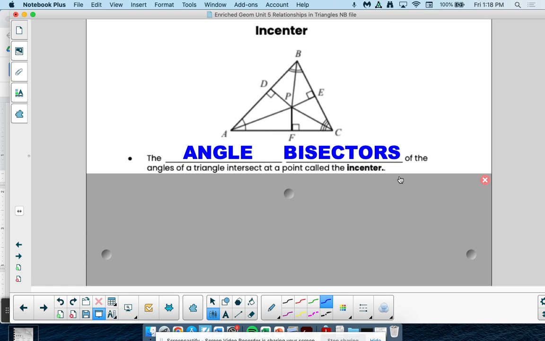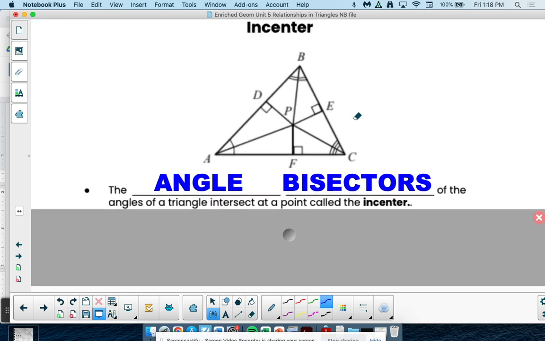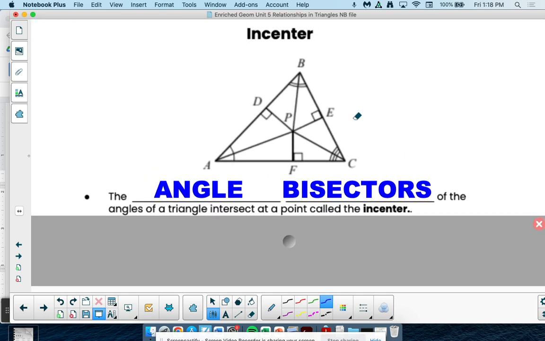Okay, so let's talk about what happens when all of those angle bisectors intersect in a triangle. You remember, right? They create that point called the incenter. Do you remember why that one's called the incenter?